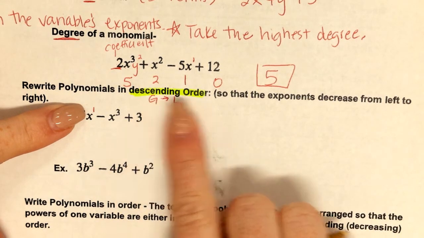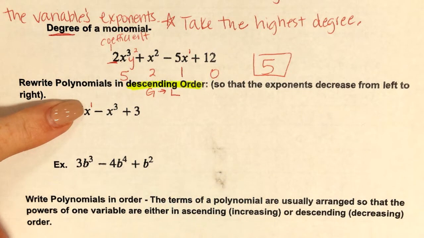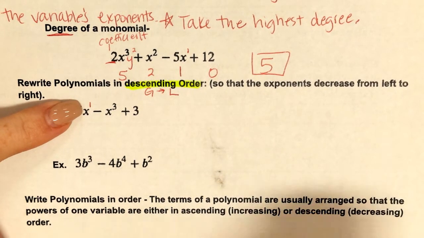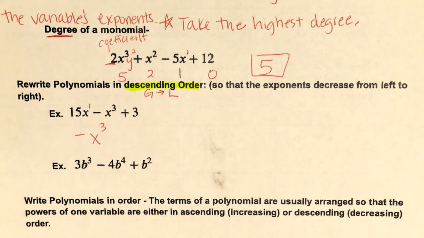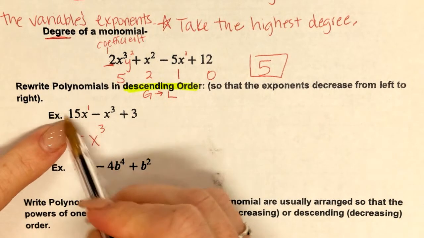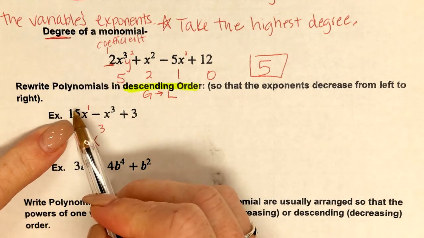So if I was going from greatest to least, which one has the biggest exponent? So negative x to the third would go first because it has the biggest exponent. Which one would have the next biggest exponent? Is this a positive or a minus?